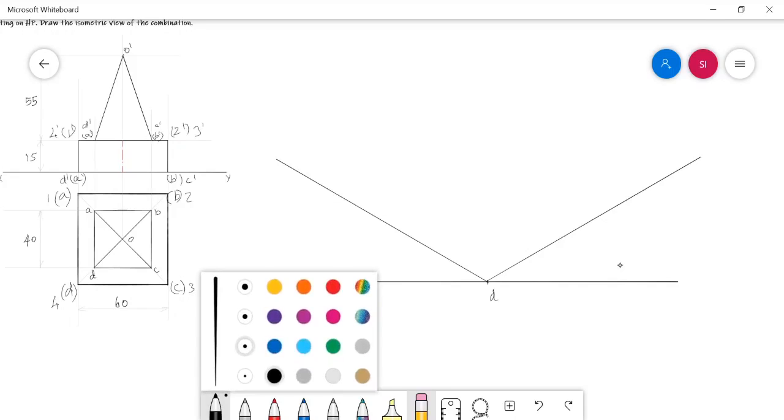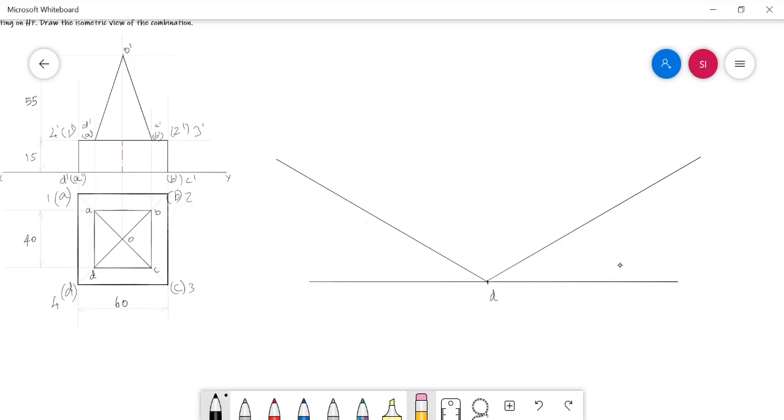I am marking the distance approximately only in this situation, and you have to draw with the true dimension in your paper.